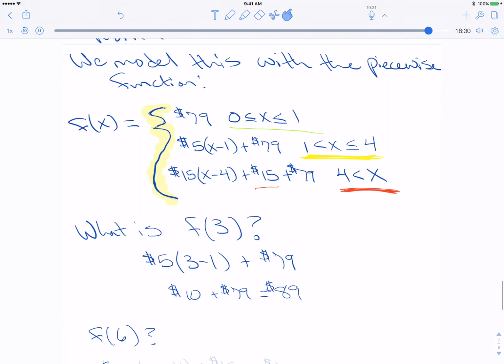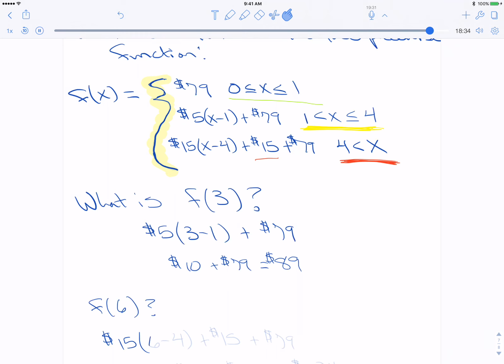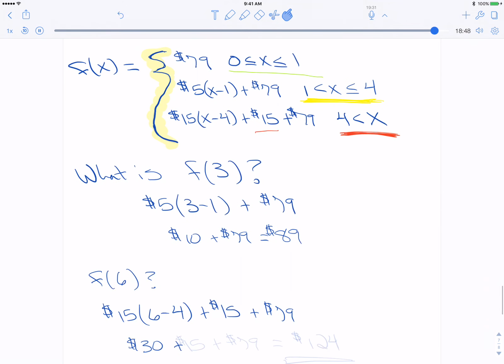So I have $15 times 6 minus 4 plus $15 plus the $79. Alright, 6 minus 4, that's a 2 times 15 gets me $30 plus $15 plus $79. Alright, so that's 45 plus 79 is going to get me $124.